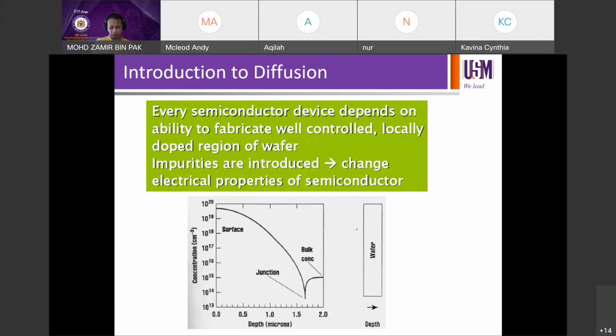So if your wafer is p-type, then to form a p-n junction, you need to dope a very thin layer of n. Can be phosphorus, can be arsenic, can be antimony, and it will take a profile like this. Okay, and the junction depth of the p-n junction is then determined by the intersection between the two profiles.